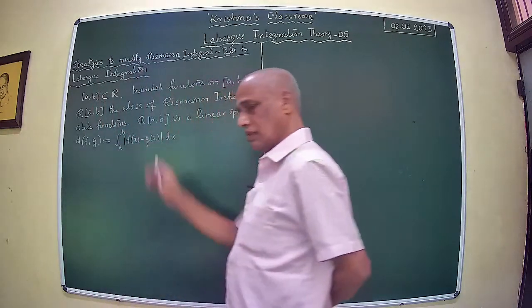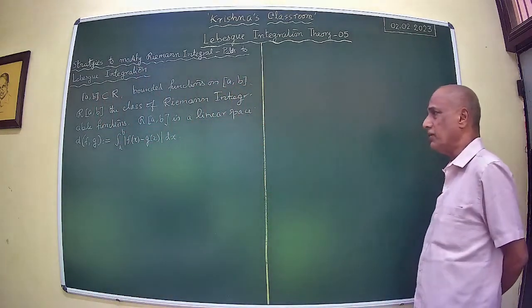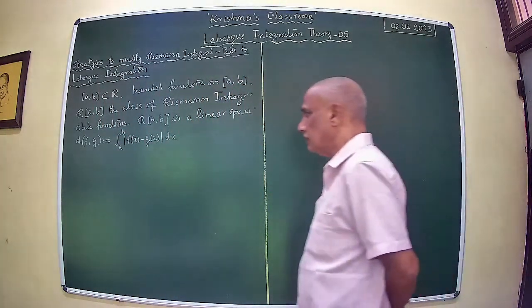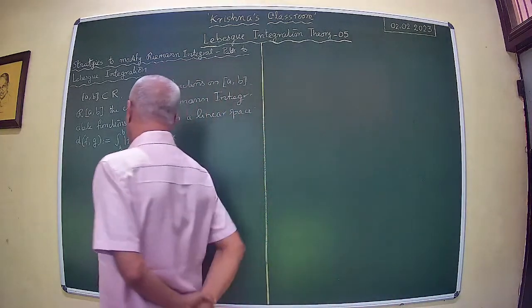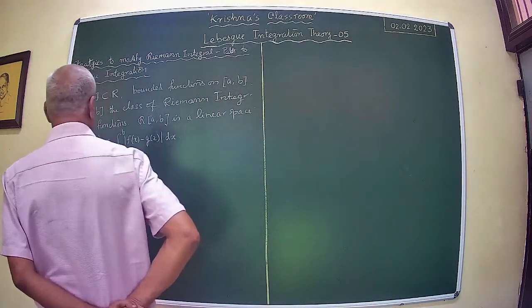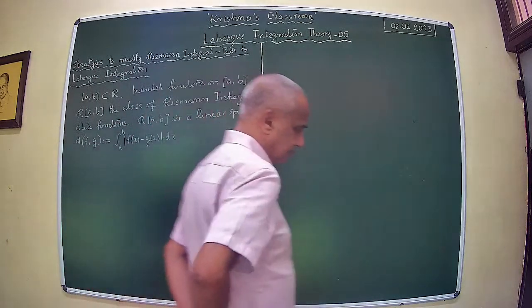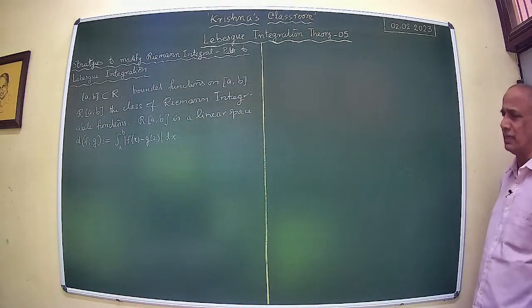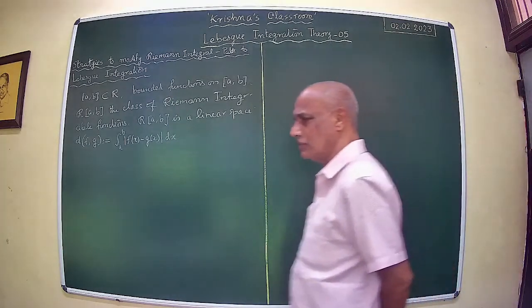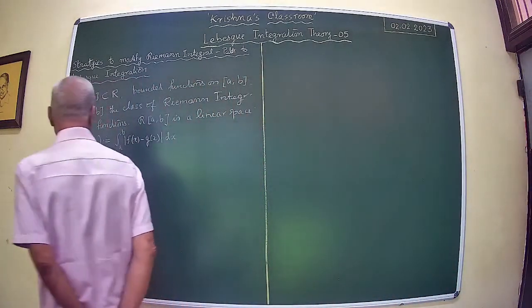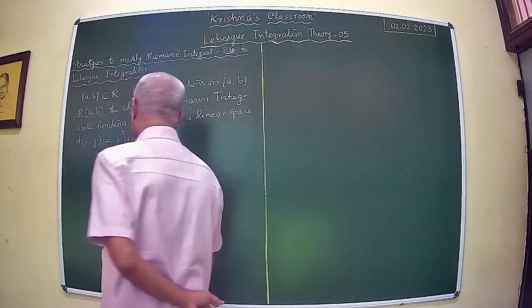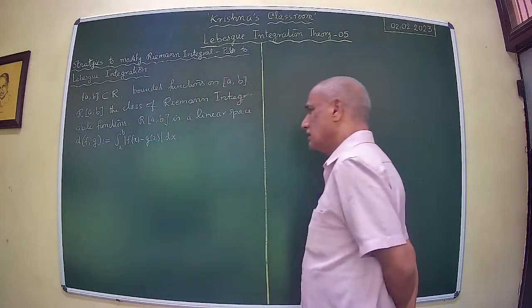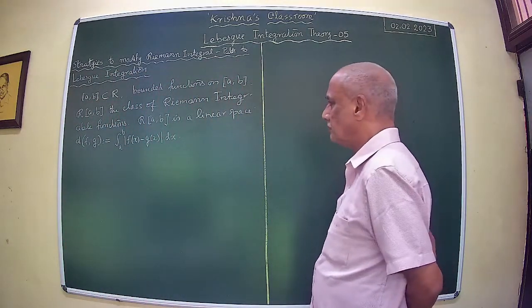And we have already seen that if f and g are Riemann integrable, then |f minus g| is also Riemann integrable. Or in short, it amounts to saying that if f is Riemann integrable, then |f| is Riemann integrable. Therefore, this integral is well defined as a Riemann integral.